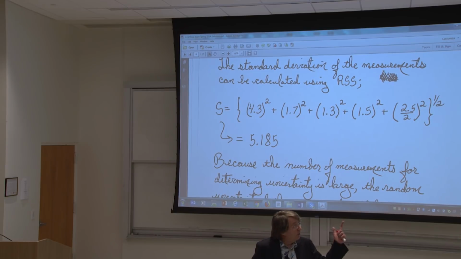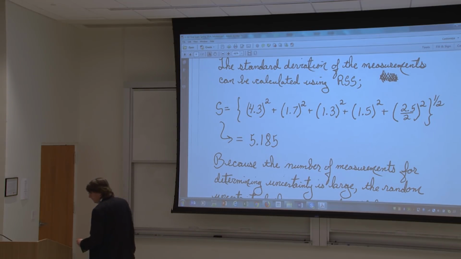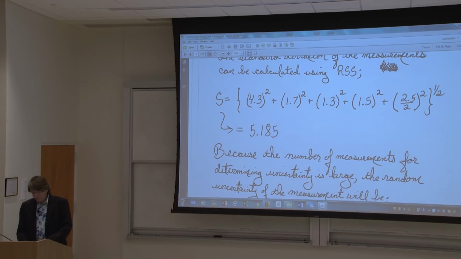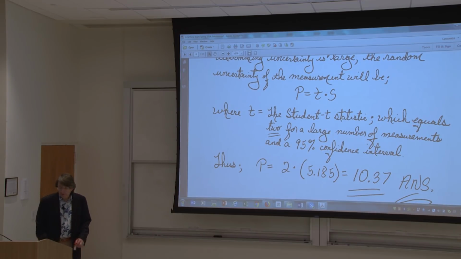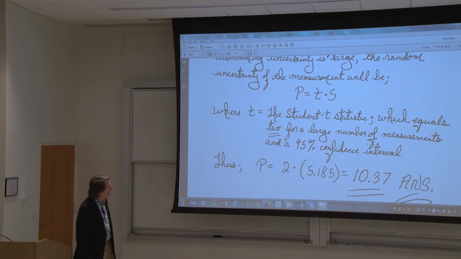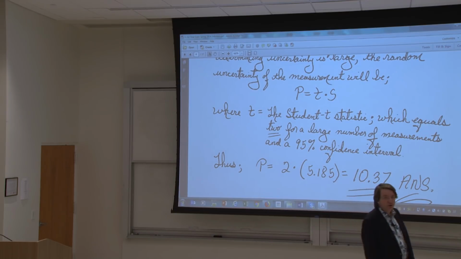So we take the value of S, 5.185, and multiply it by 2. And if we've done it right, we got 10.37. All right. That's part A. How do we do so far?